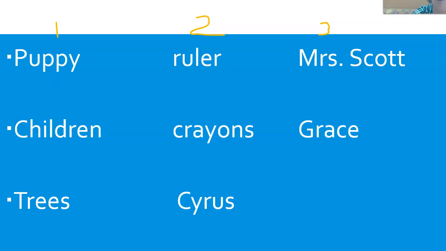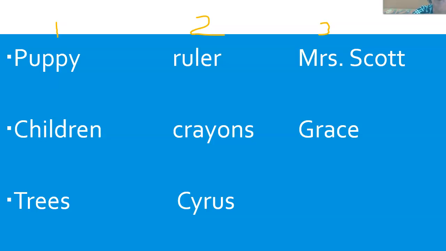Number 2, apostrophe S. Number 3, apostrophe S. Number 4, apostrophe S. Number 5, apostrophe. Grace is apostrophe S. Trees is apostrophe.